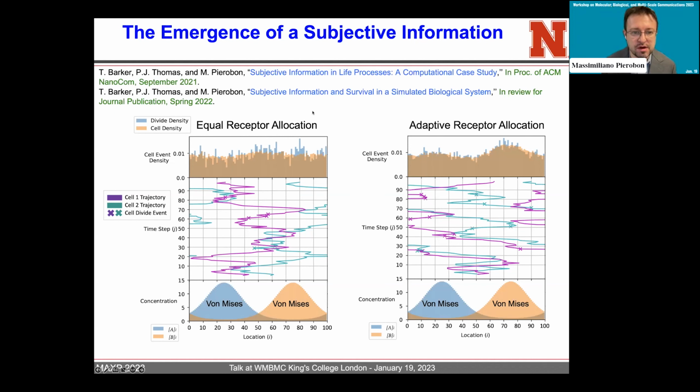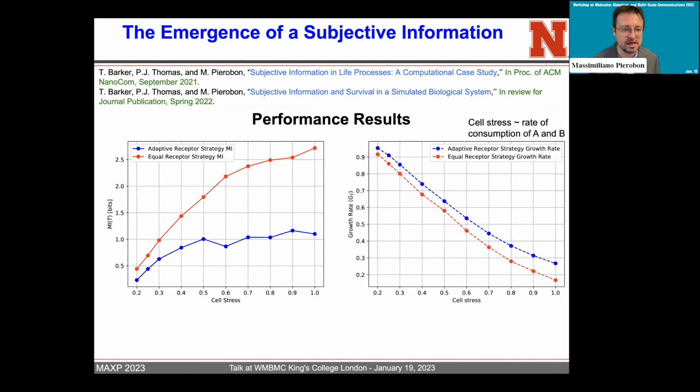This is for the channel that stays constant. This is for a channel that the cell can adapt. You already see how the distribution of the cell for the adaptive one follows a little bit better the two peaks of the distributions of A and B. This doesn't tell the whole story, but this does.